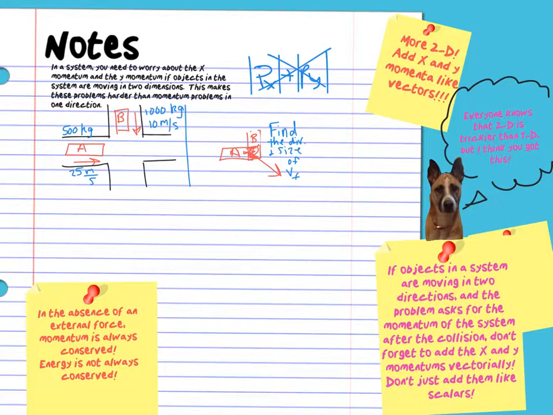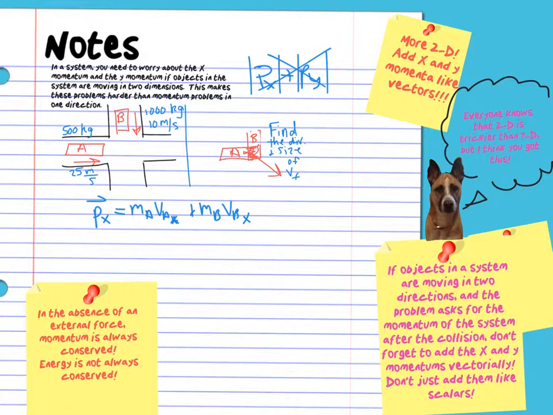So let's find the total momentum of the system before the collision in the x direction. We have MA VAX plus MB VBX, and I know I tacked on two subscripts.